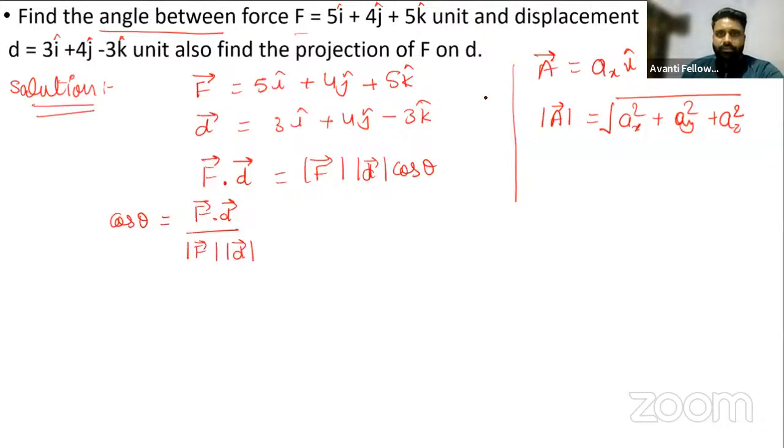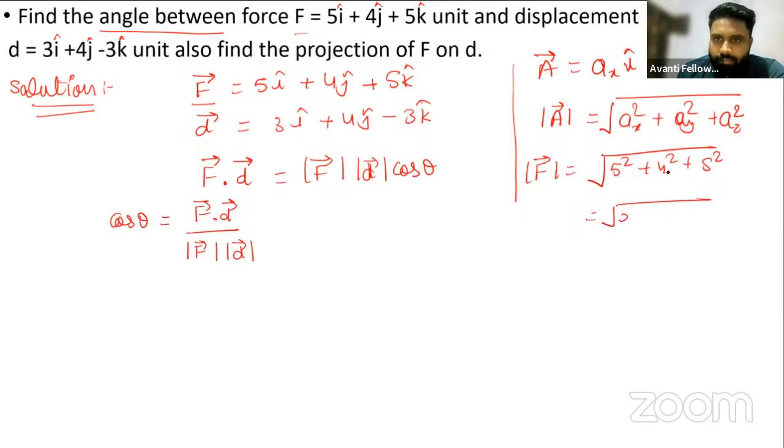Okay. So based on that formula, try to calculate the magnitude of F. So magnitude of F is the square root of 5 square plus 4 square plus 5 square.